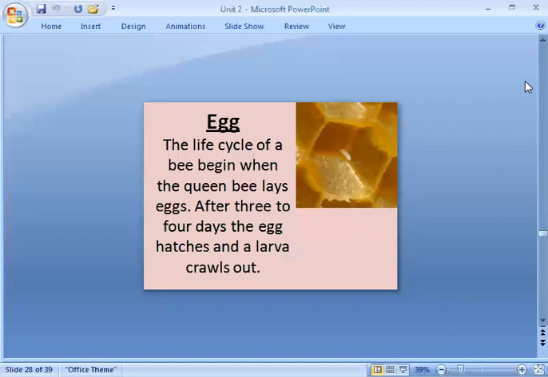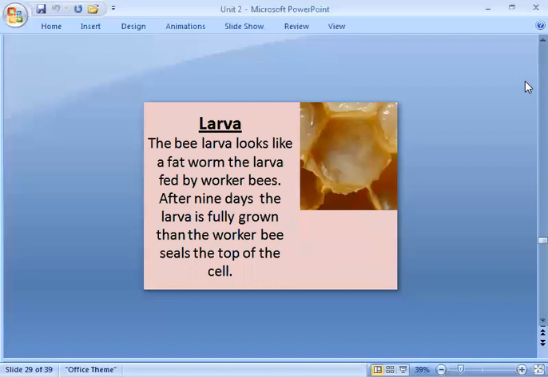After 3 to 4 days, the egg hatches and a larva crawls out. Larva. The bee larva looks like a flat worm. The larva is fed by the worker bees. After 9 days, the larva is fully grown. Then the worker bee seals the top of the cell.